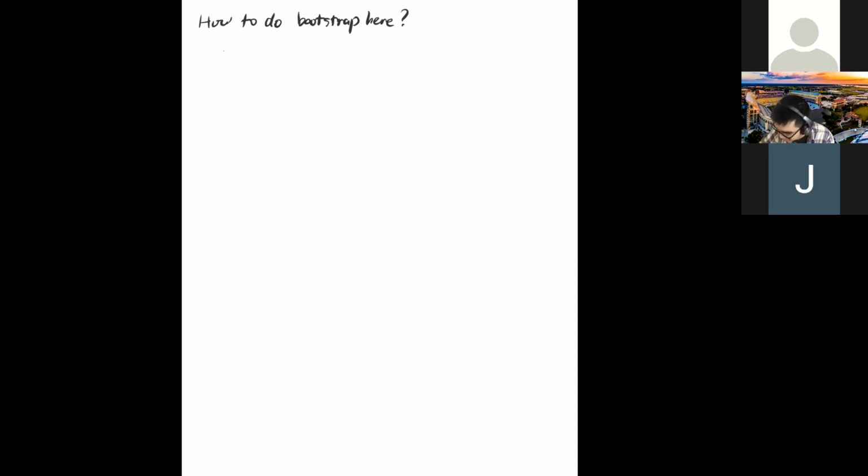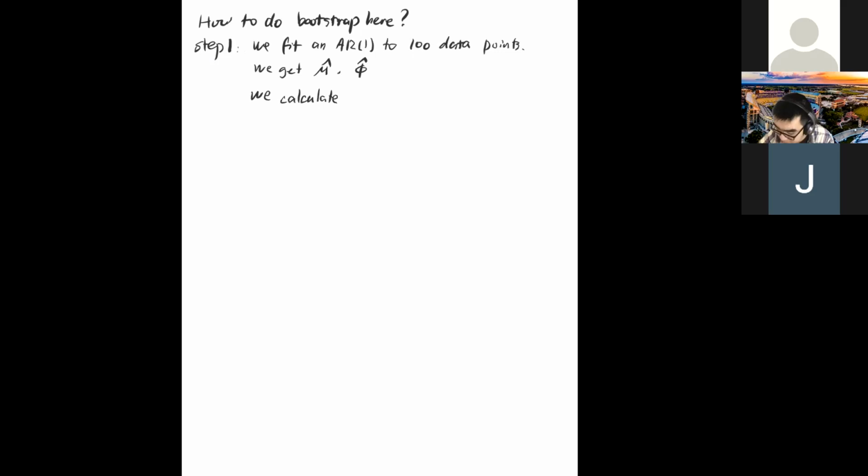Let's write it in steps. Step number 1, we fit an AR1 to the 100 data points. That means we will get mu hat and phi hat. Then we calculate the errors of each observation.